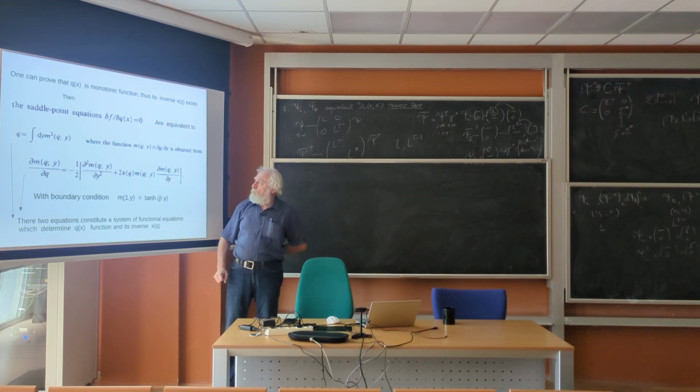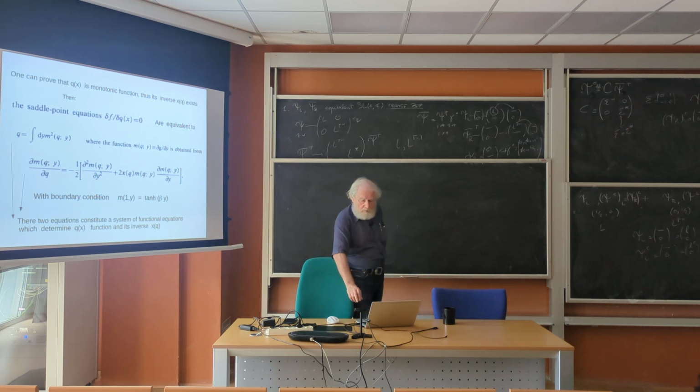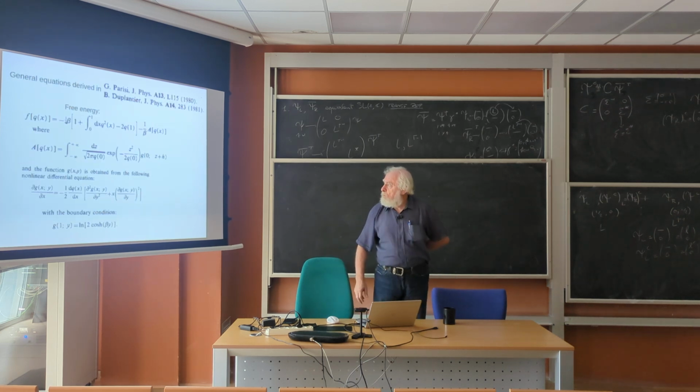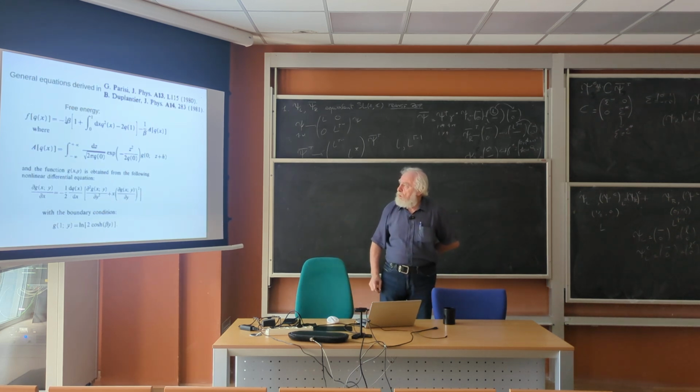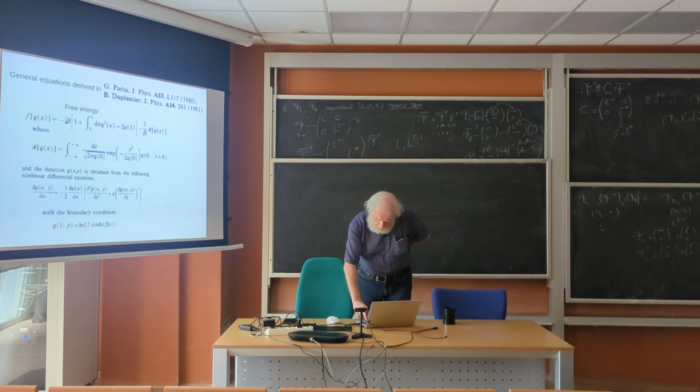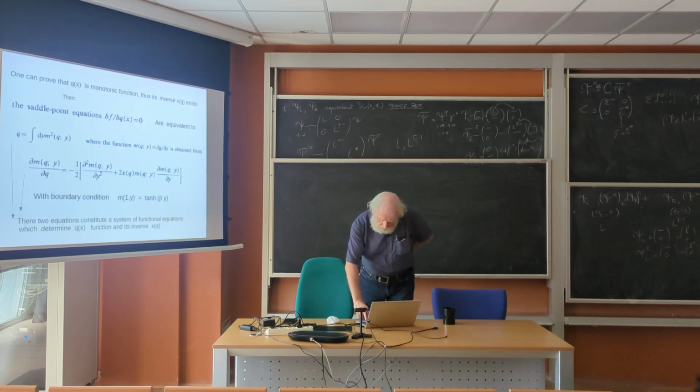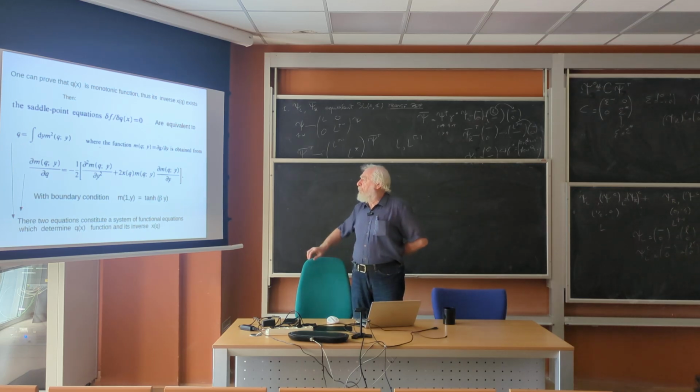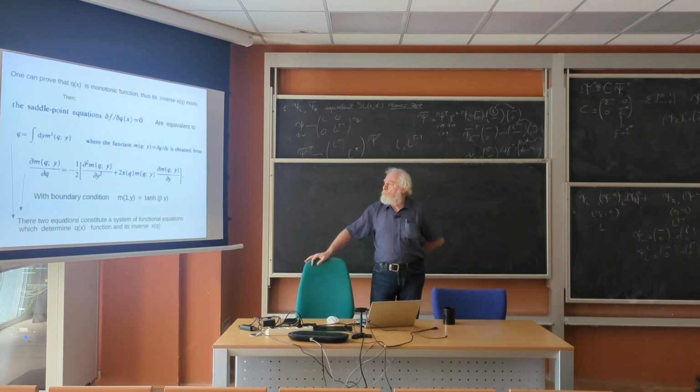So we have two functional equations. One is this, another which I have shown here for J, and these two equations should be solved simultaneously in order to find function q of x, and its inverse function s of q, which, as we will see soon, has an even more straightforward interpretation.